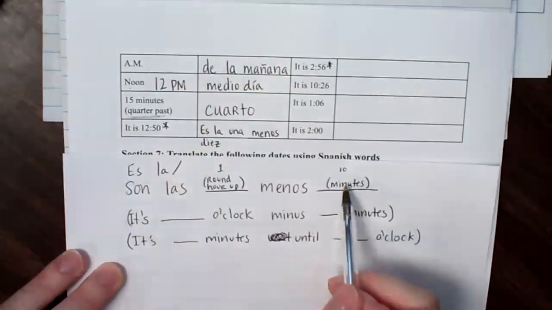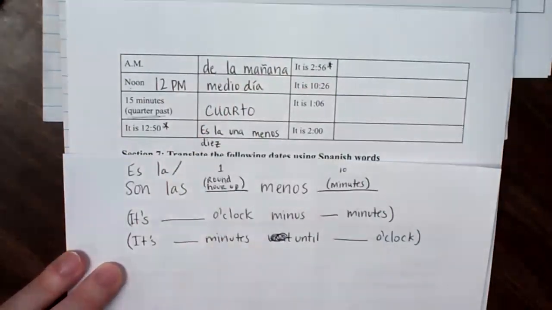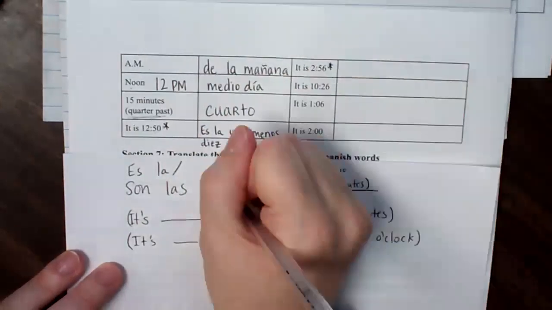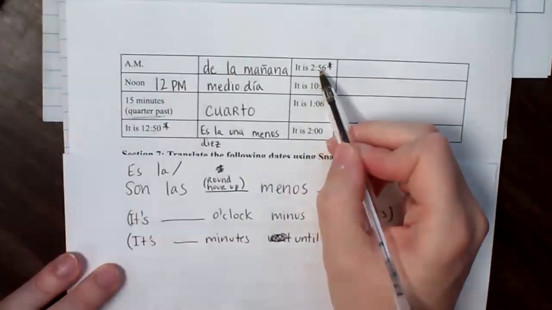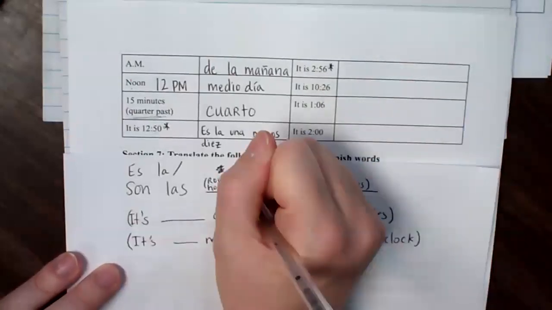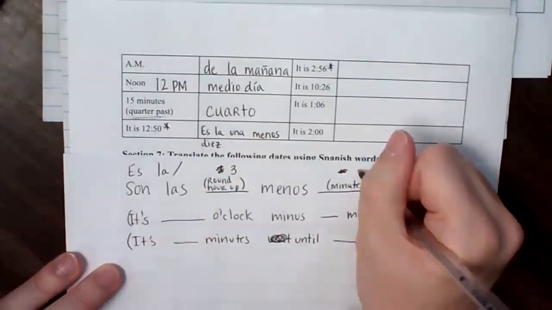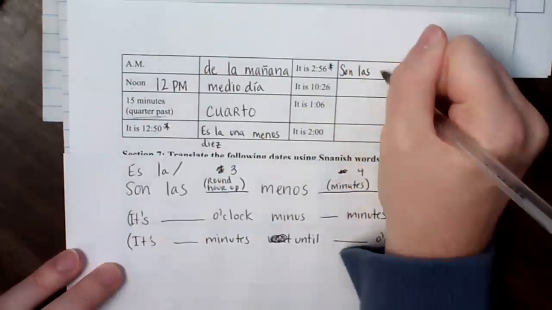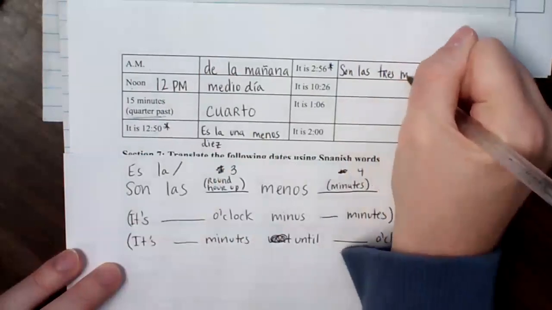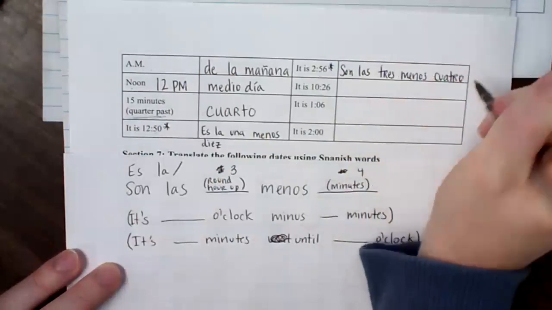It is 10 minutes until 1, or it's 1 o'clock minus 10 minutes. This one over here, 2:56, is 4 minutes till 3. So it's 3 o'clock minus 4 minutes. Son las 3 menos 4.